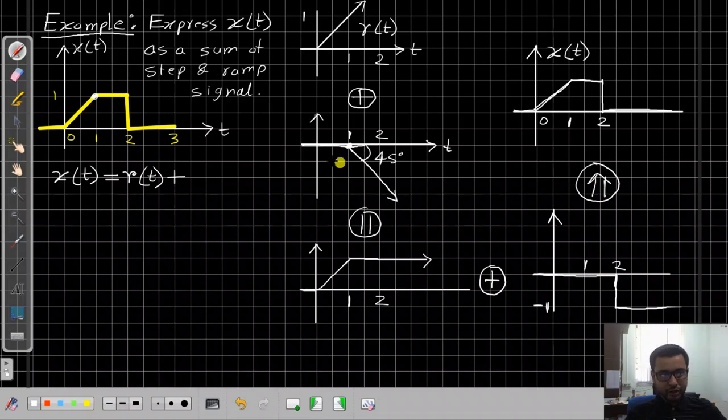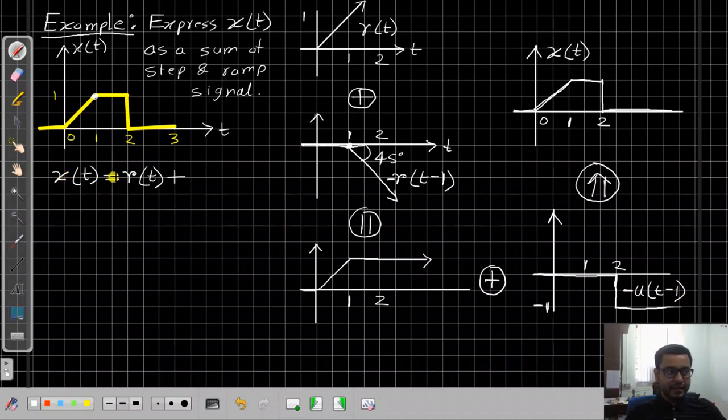Now can you recognize what this signal is? This signal is nothing but r(t minus 1) and minus of that. Can you recognize what this signal is? This is minus of u(t minus 1).